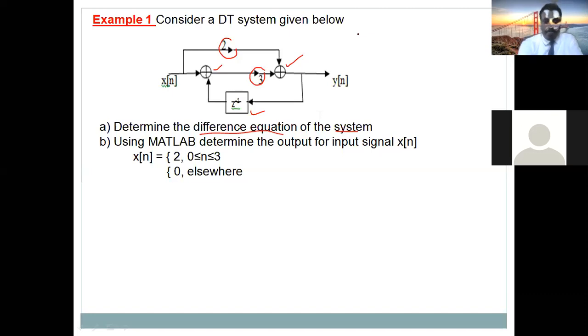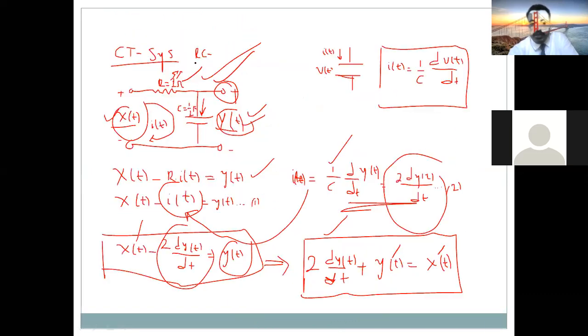So how are we going to write the equation? The equation is called a difference equation. For continuous time systems, we write an equation which is called a differential equation, depending on the system.